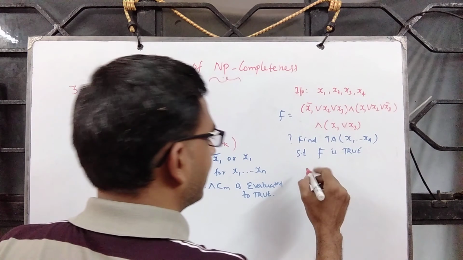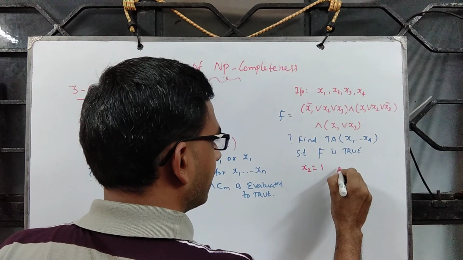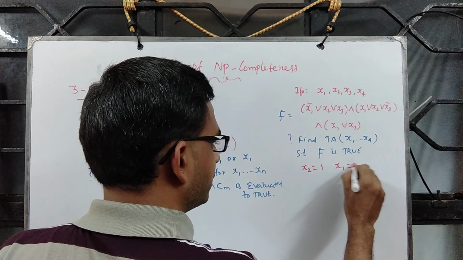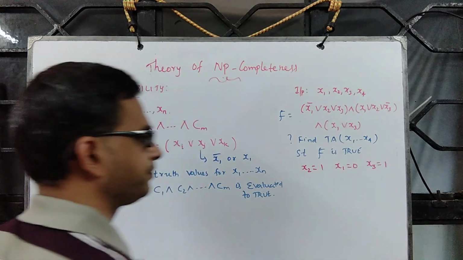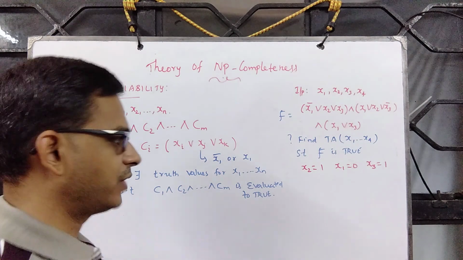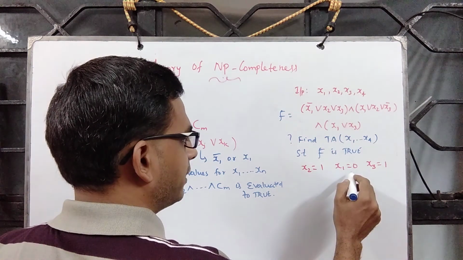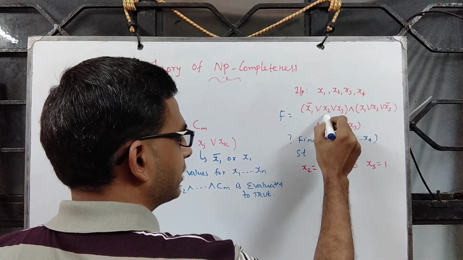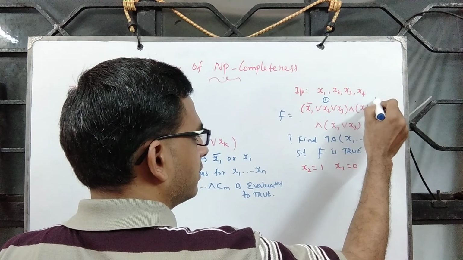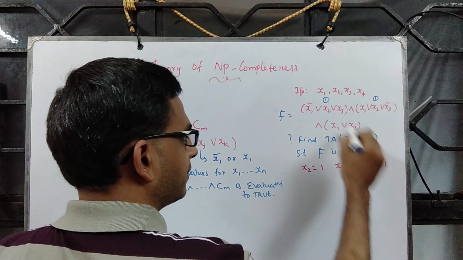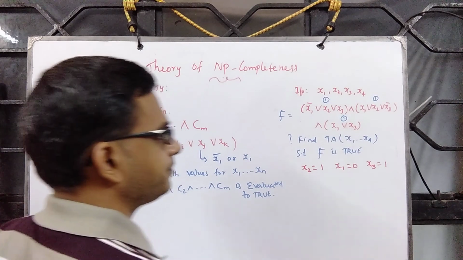Now you see that suppose I assign x2 to 1 and x1 to 0 and say x3 to 1. You may find more than one assignment. Here is one assignment. x1 is evaluated to 0 and x2 is evaluated to 1. So this is true. x3 is evaluated to true. So this is true. Okay.